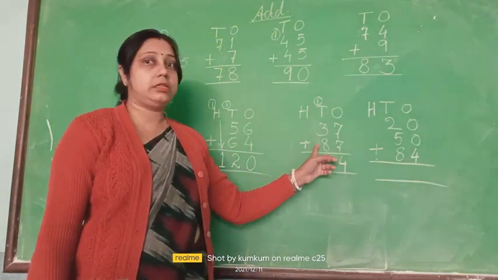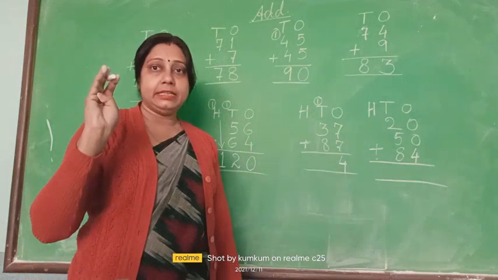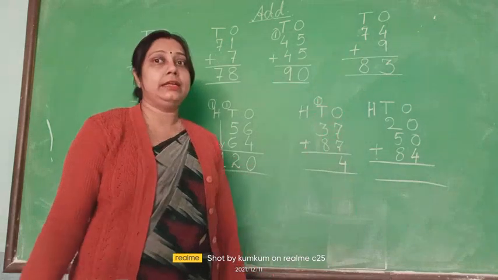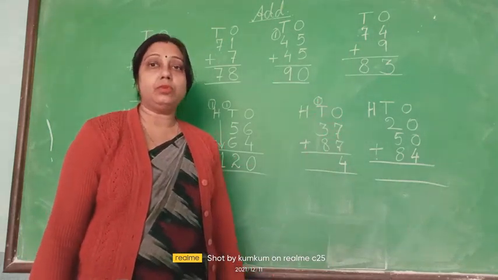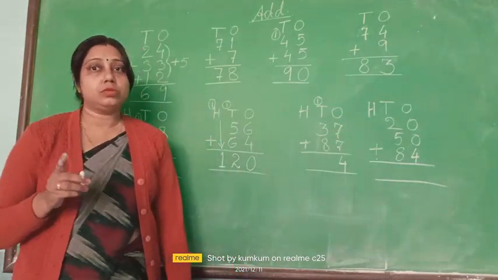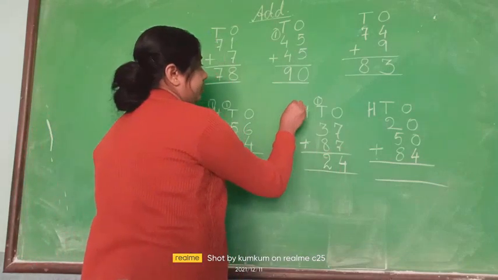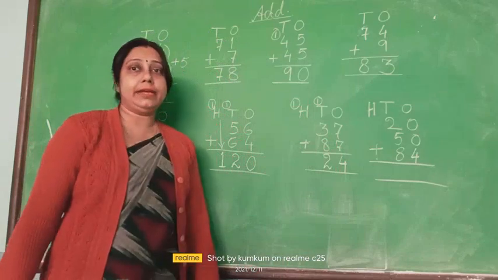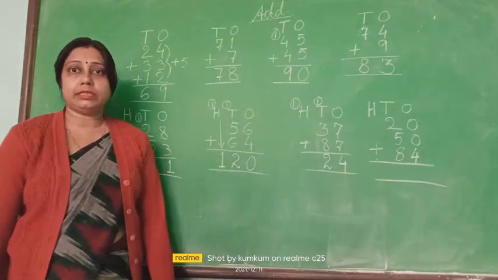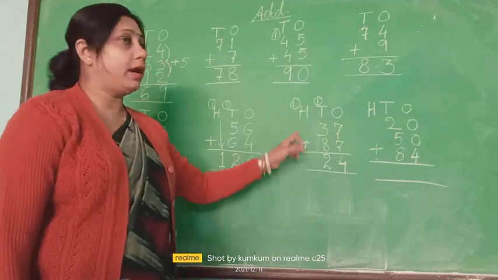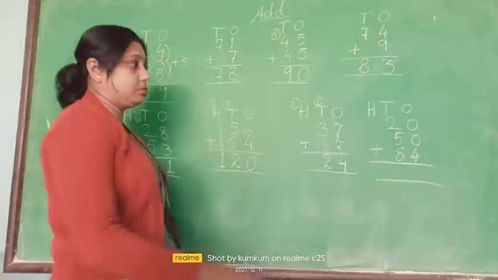Now after 8, you count 3, 9, 10, 11 and 1 in hand, that means 12. But we know that 1 digit in one box, so I will write here 2 and 1 will be carried over in the hundreds house. Now no digit is there in hundreds house, so I am going to bring down 1 in the hundreds house.